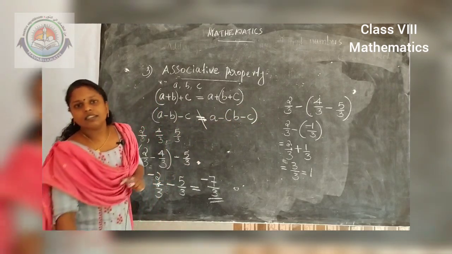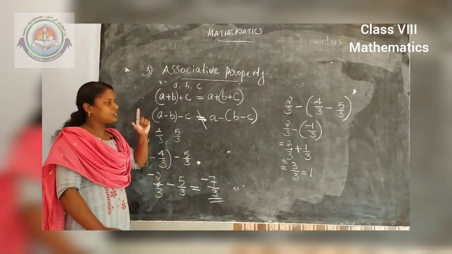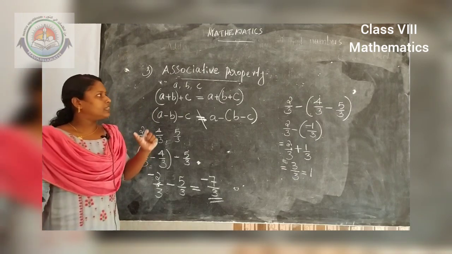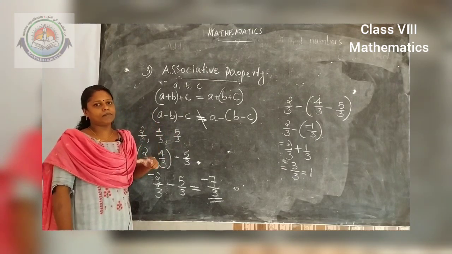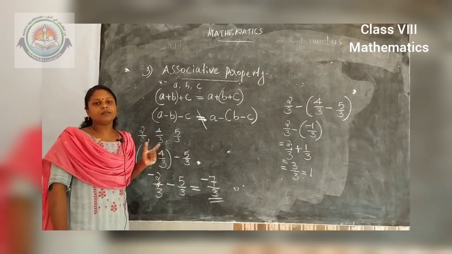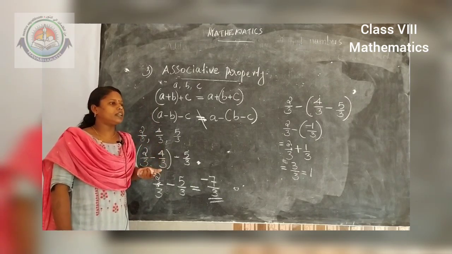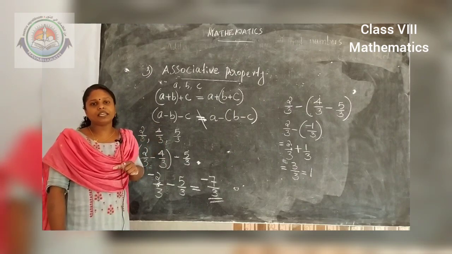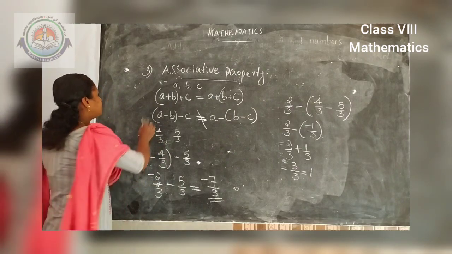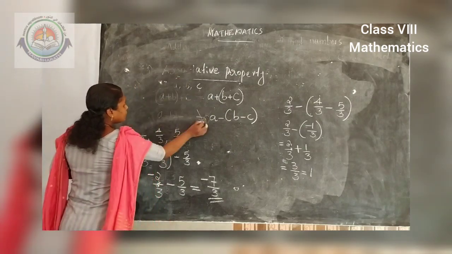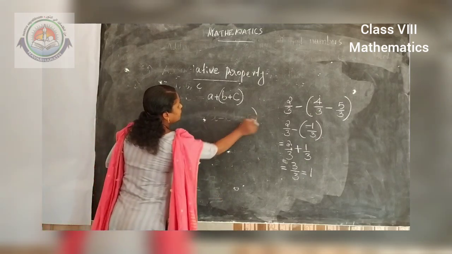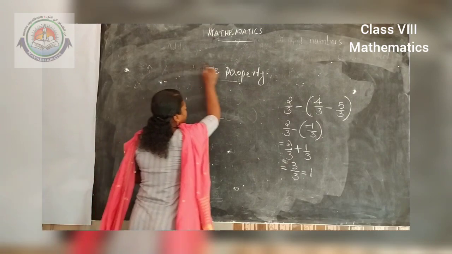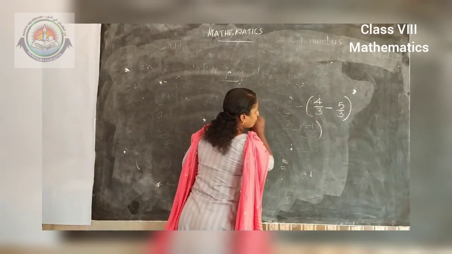So, we discussed three properties. First one, closure property. That is the closure property of subtraction of rational numbers. If a and b are two rational numbers, then a minus b is also a rational number. After that, the commutative property. Commutative property means we subtract two rational numbers in any order.